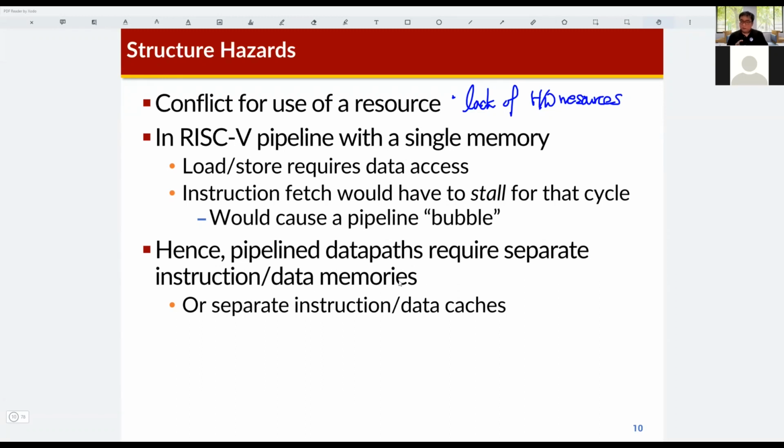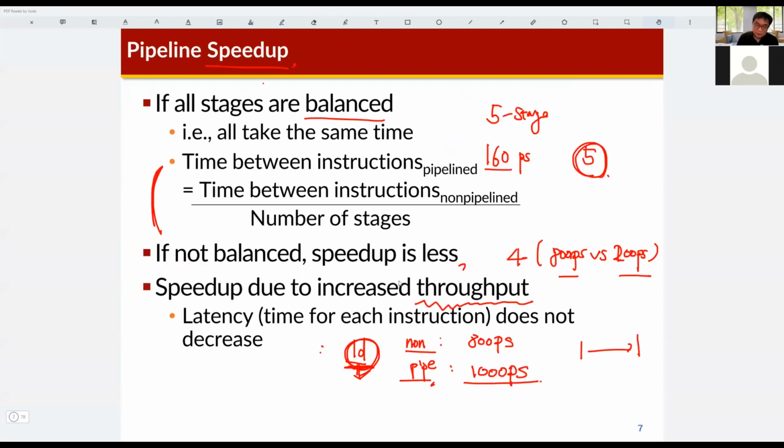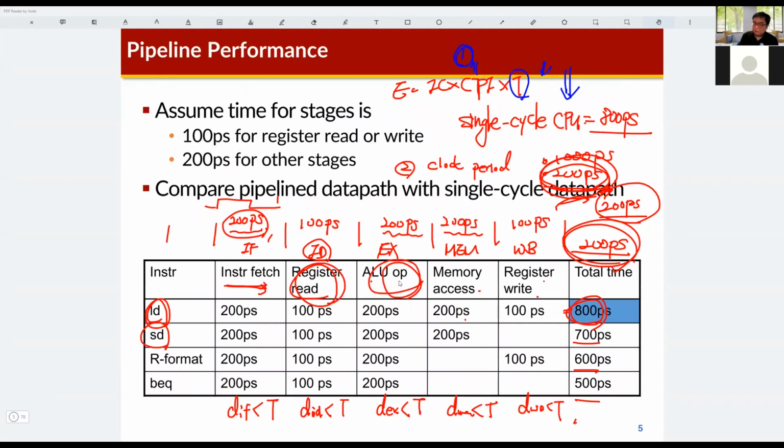Also, in this 5-stage pipeline processor design, the structure hazard will not happen. Because as you can see, the 5 steps of the pipeline architecture are instruction fetch, register read, ALUOP, memory access, and register write. And if we see the required hardware for each stage: for instruction fetch, it is the instruction memory.